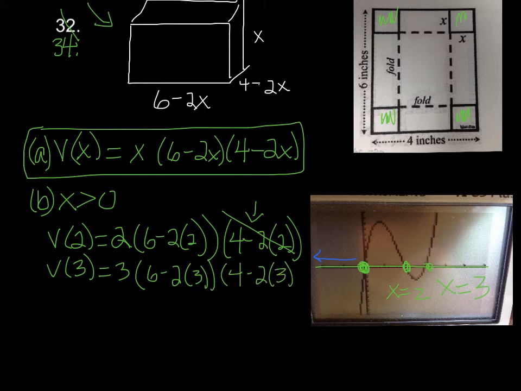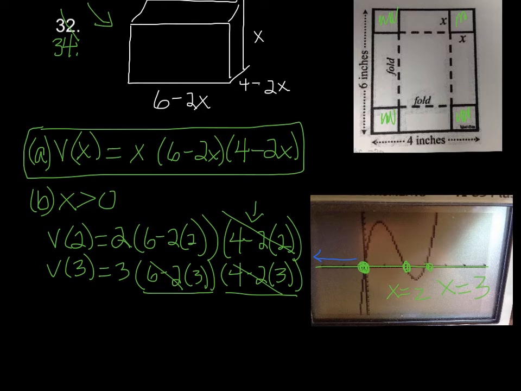Well, I have two problems here, because in the first set of parentheses, that would give me 0. And again, I can't have the length of a side be 0. And here, in the second set of parentheses, I'm getting a negative number, and I certainly can't have that for the length of any side. So therefore, if the x value is 2 or higher, that's not going to work for this problem either.